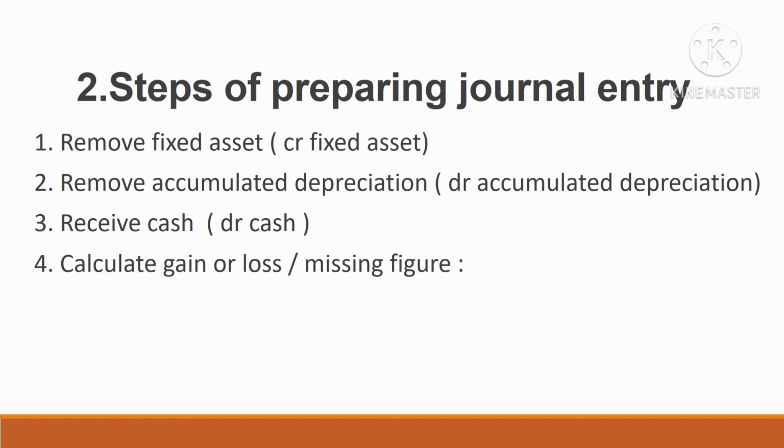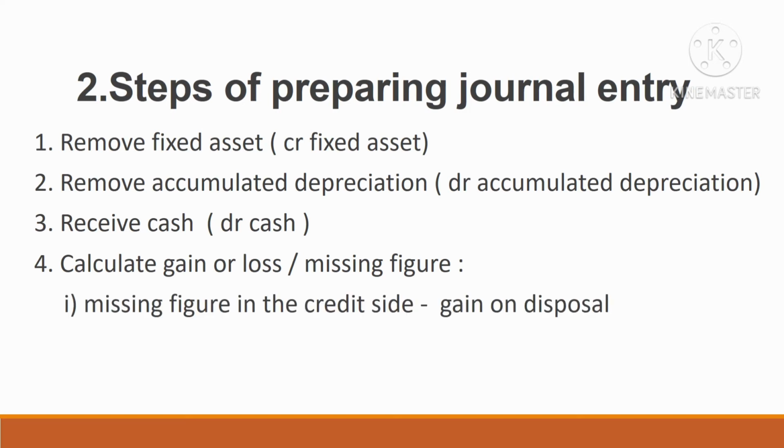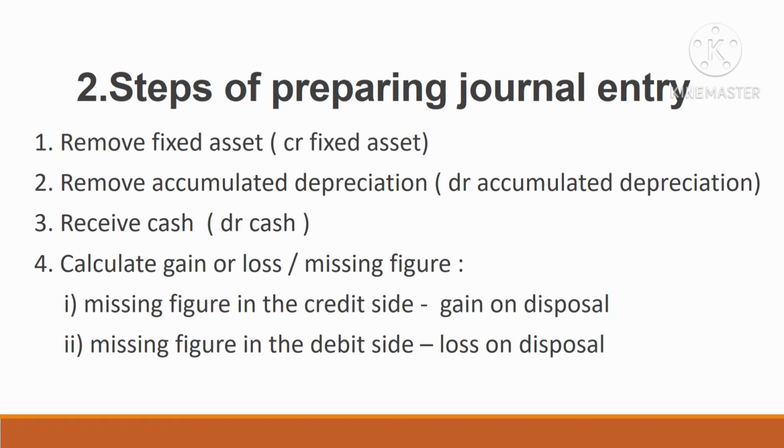Number 4, we have to calculate gain or loss as the missing figure. So we look at the missing figure either in the debit side or in the credit side. If the missing figure is in the credit side, there is a gain on disposal. And if the missing figure is in the debit side, there is a loss on disposal.